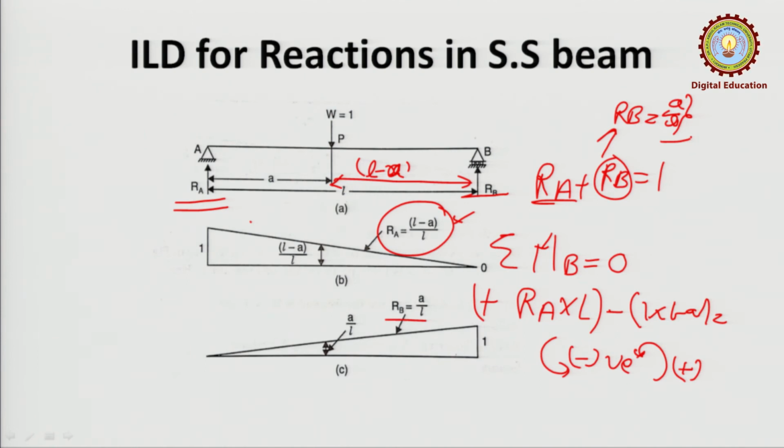So how can we calculate the influence line diagram for these two values? Just simply put the values of distance. Here we can see the relation between RA and RB. The variation of RA is linear and the variation of RB is also linear.